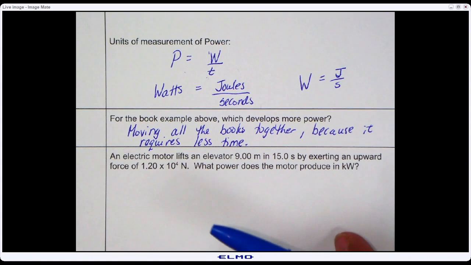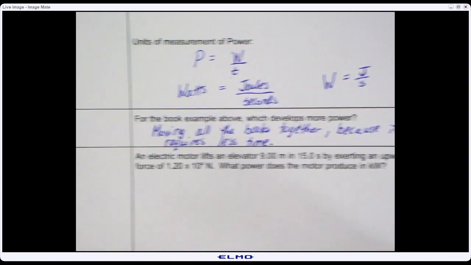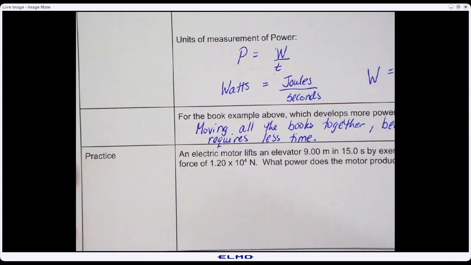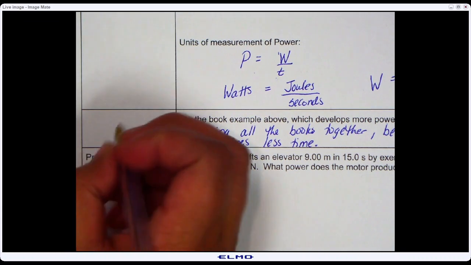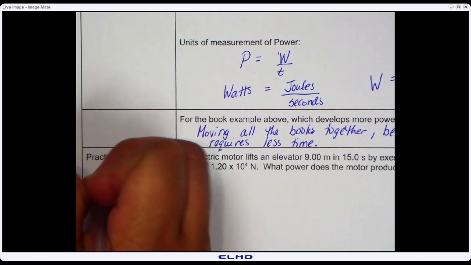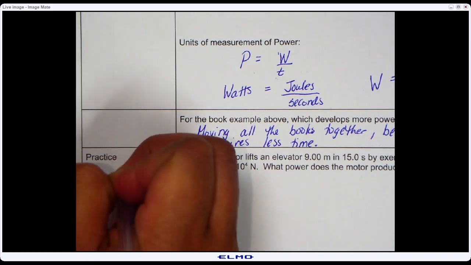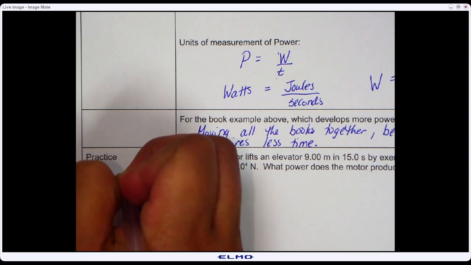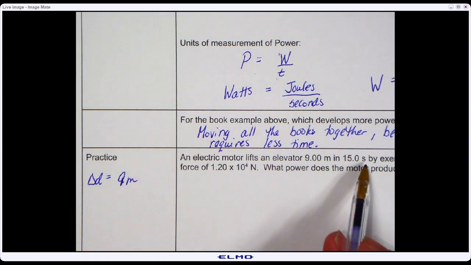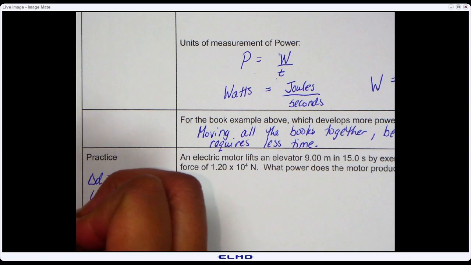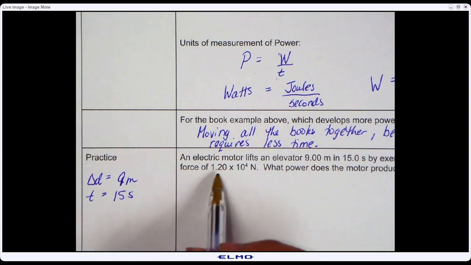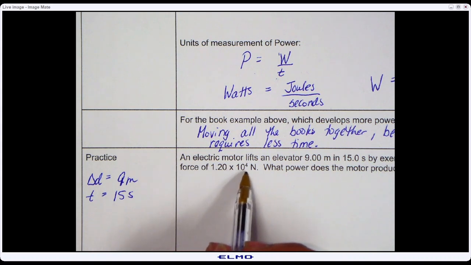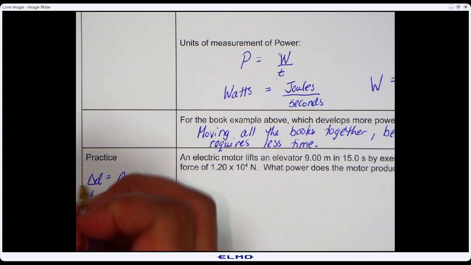All right, so the first thing we need to do is make our list. I'm just going to put the list over here. We have 9 meters, which is your distance or your displacement, so delta d equals 9 meters. Time is 15 seconds. Exerting an upward force of 1.20 times 10 to the fourth newtons, that is your force.